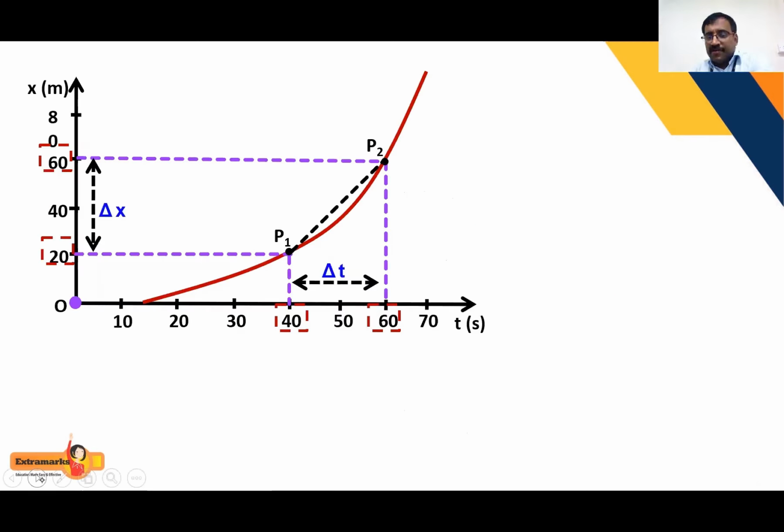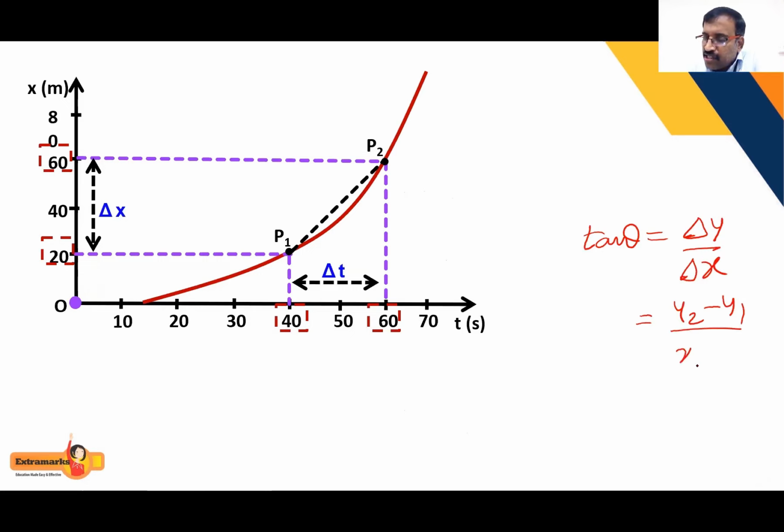Now coming to here, whenever an xt graph is given, you see what tan theta is. Tan theta is delta y coordinate by delta x coordinate. What do you mean by delta y coordinate? Delta y means y2 minus y1, and delta x means x2 minus x1. Here the y coordinate is x, meaning position, so it is x2 minus x1.